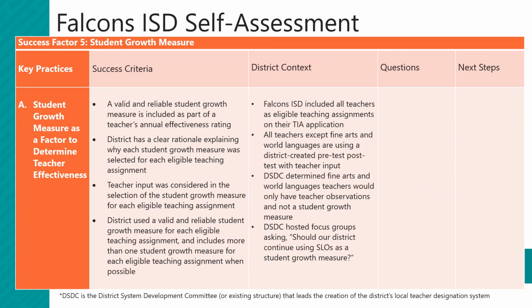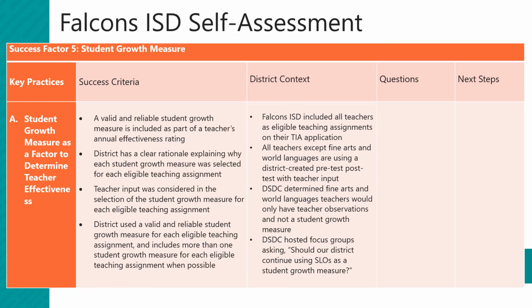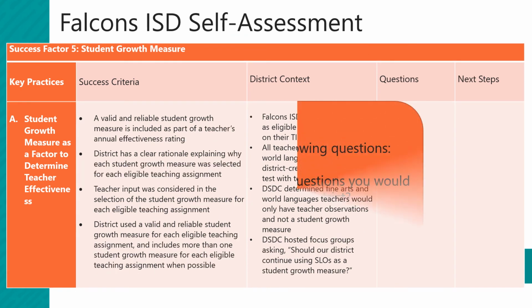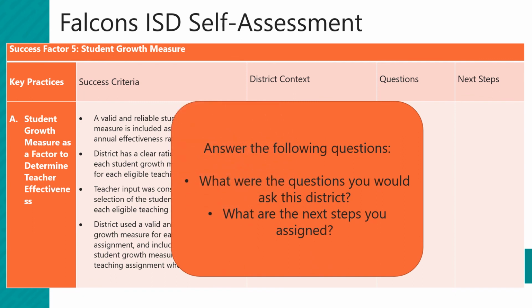In order for Falcons ISD to move from being red to green, there are some key critical next steps and questions to ask for improvement. We have to ask ourselves, what are those next questions that we would ask this district? And what are the next steps that we would assign?